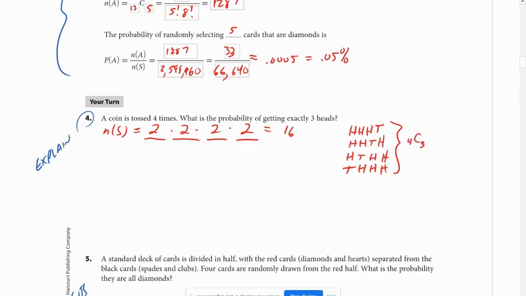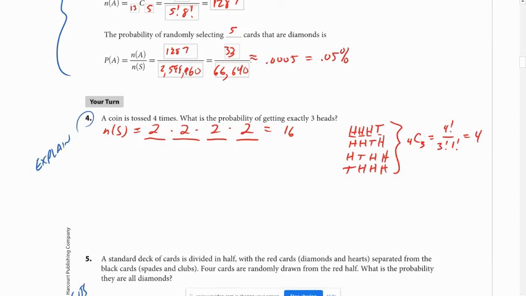We have 4 spaces and we're choosing which 3 of them need to be heads.